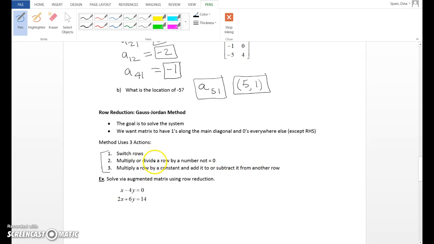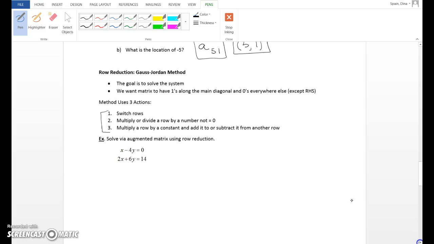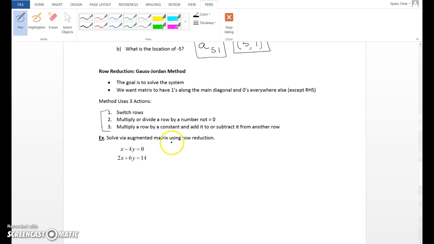Alright, so we've done all of that for the elimination method. So all of these are going to be fair game, and what we're going to be doing is using augmented matrices now. So we've got a couple examples of this. We're going to start with a 2 by 2. This says solve via augmented matrix using row reduction.